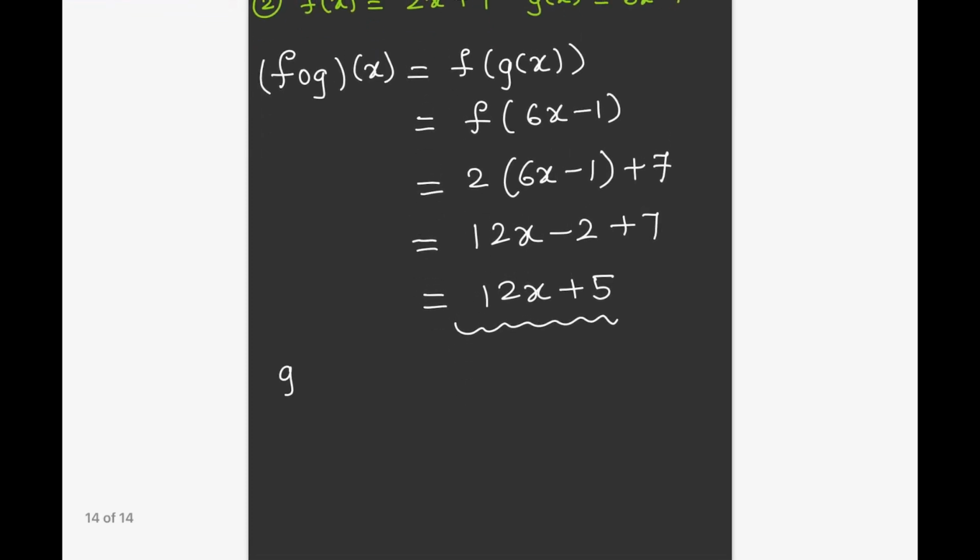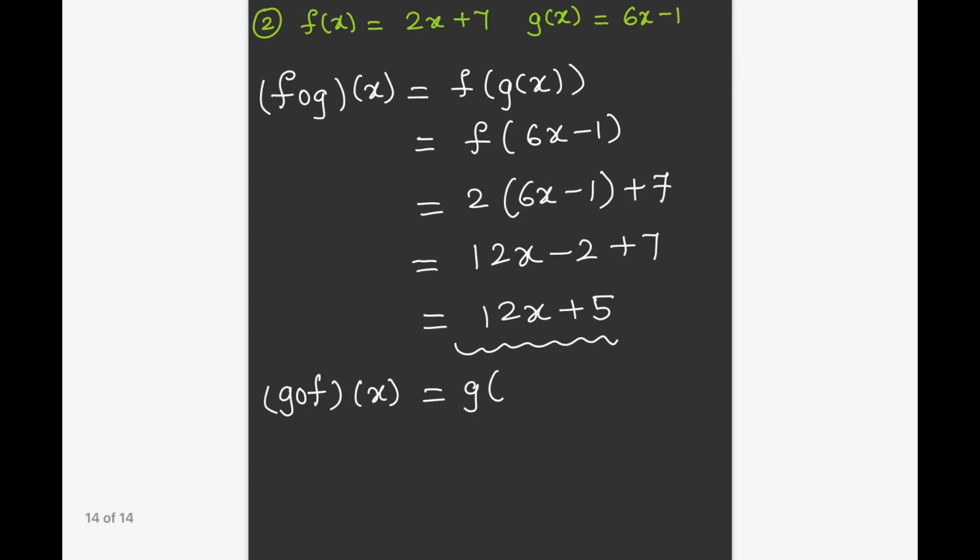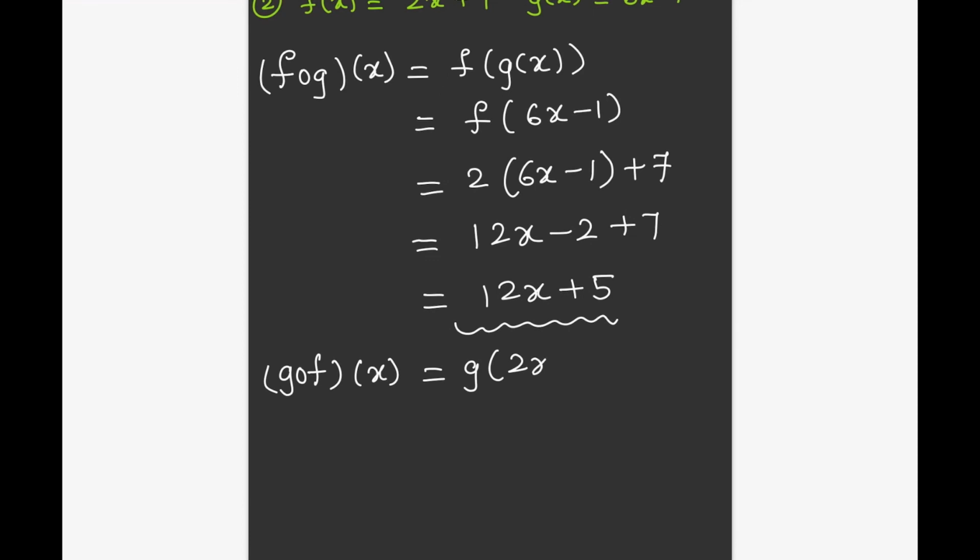I'm going to go ahead and calculate g o f of x, which is g of f of x. Here f of x is 2x plus 7, and g of x is 6x minus 1, so I'm going to replace x with 2x plus 7, and you will get 6 times (2x plus 7) minus 1.